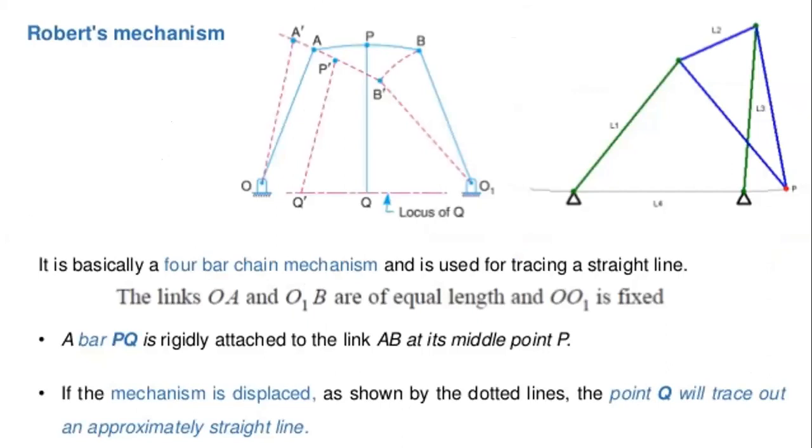So generally the Roberts mechanism is basically a 4-bar chain mechanism and is used for tracing a straight line. So we have the two levers, that is the two turning pairs OA and O1B, which are equal in length, and O1 is the fixed base point.